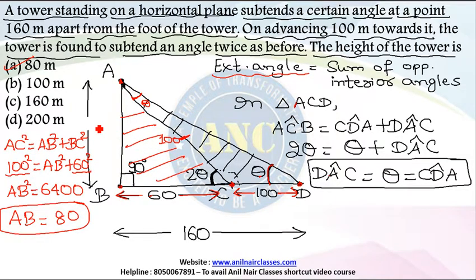I can easily apply Pythagoras theorem and find the other side AB. I found this side AC by using the exterior angle property, and I proved that this triangle ACD is an isosceles triangle, and therefore two angles are equal, two sides also will be equal, and I got the answer very easily.